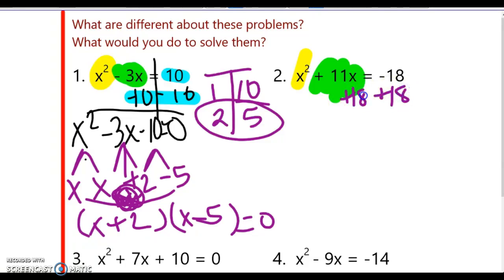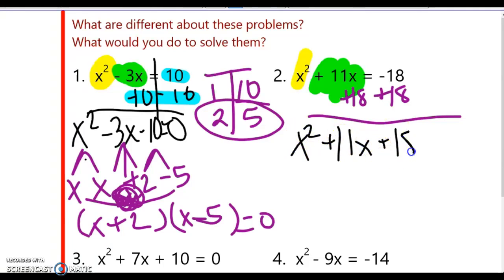Plus 18. Now, does this 18 have any x's on it? It does not, so I can't just scrunch it in with the other stuff. So I've got x squared plus 11x plus 18 equals 0. Go ahead and solve that. Push pause if you need to.